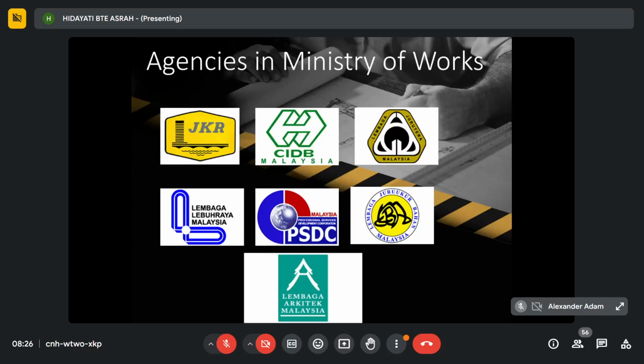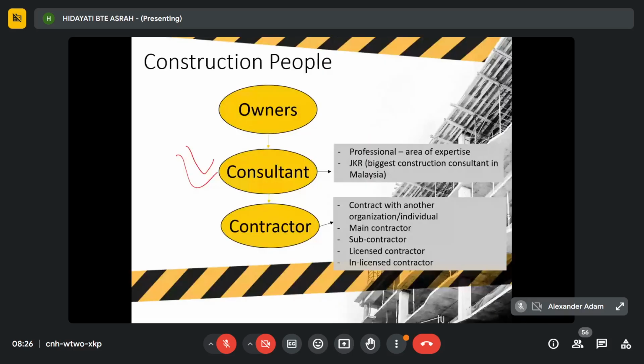Next is the consultant. The second one is the consultant. So who is the consultant? The consultant or engineering consulting firm is actually the first construction personnel or company to consult when you have a proposed project to build.